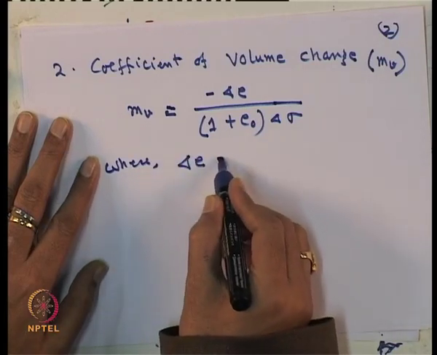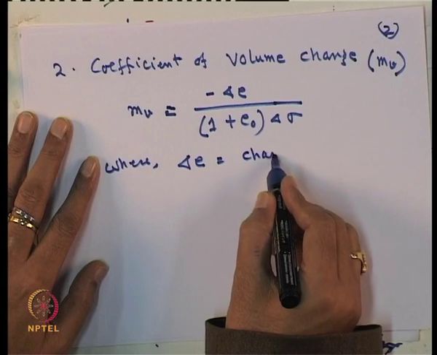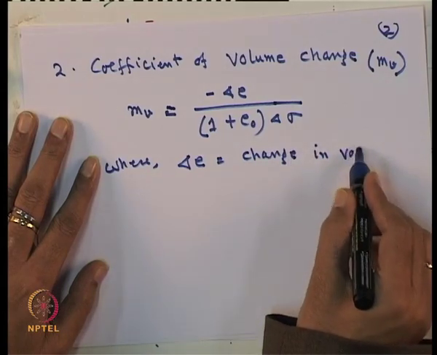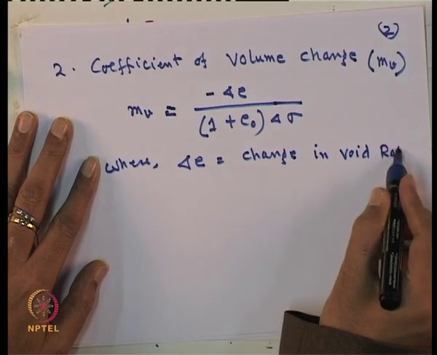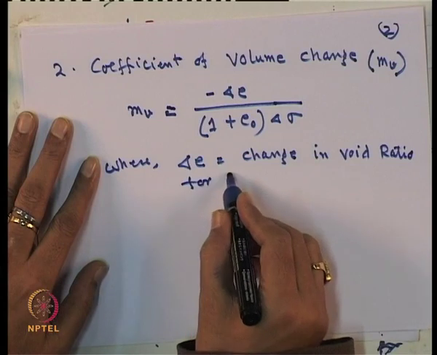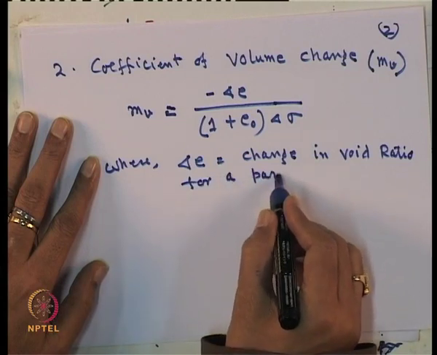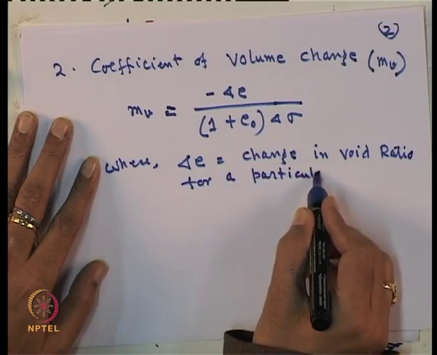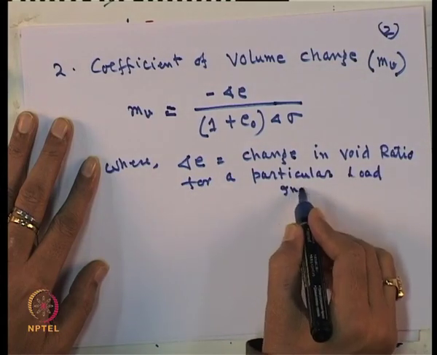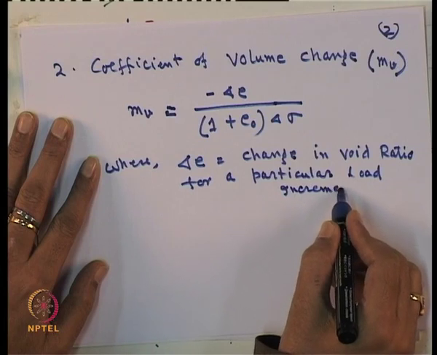delta e is equal to the change in void ratio for a particular load increment. Okay.